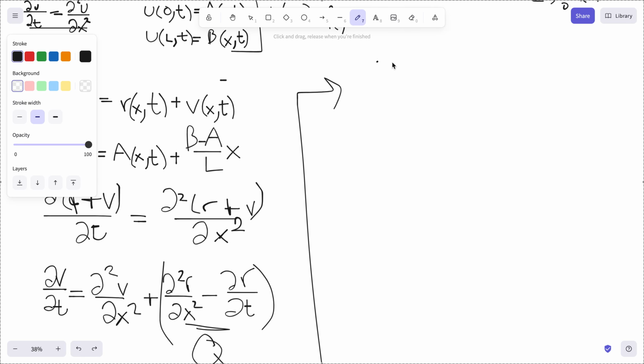we'll say for now that we're solving partial v over partial t, and we'll say it's equal to partial squared v over partial x squared. And so we'll do what we usually do with these kind of problems, where we do separation of variables.